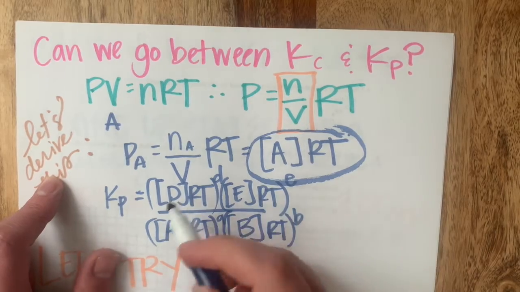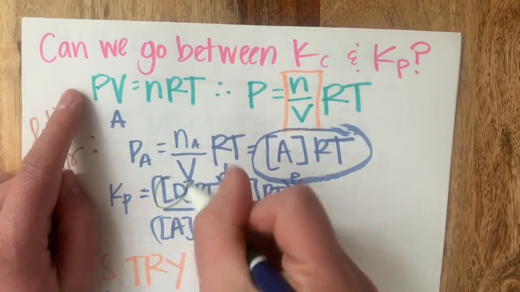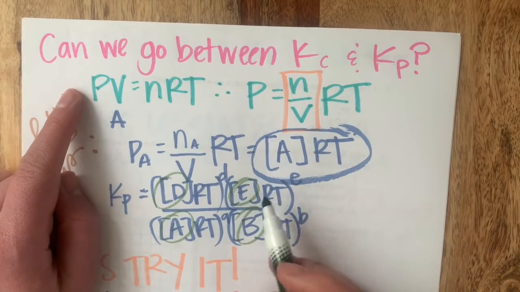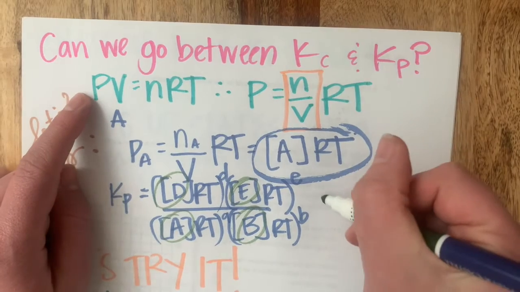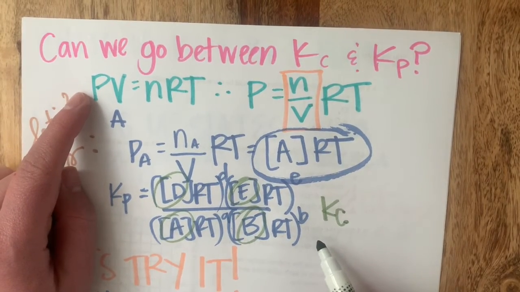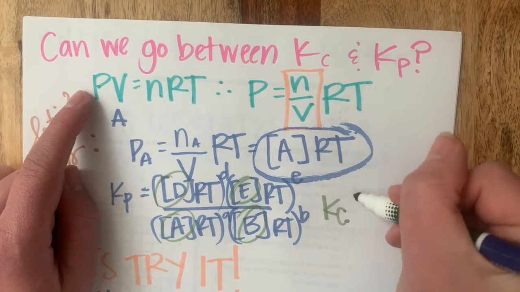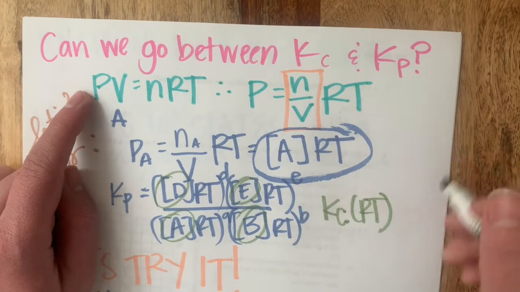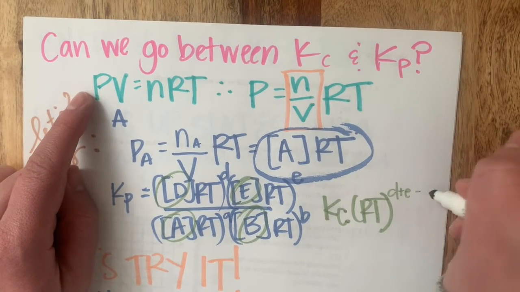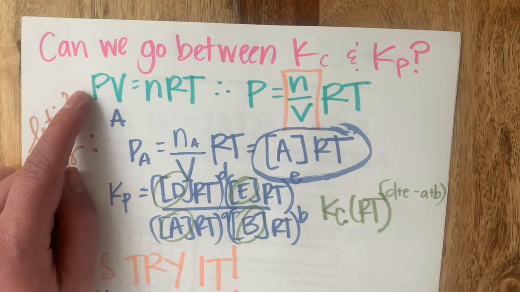So let's just pull some of this out. Let me change my color to green. So if we pull this, and this out, right, with their coefficients, we get Kc, okay? And then we have RT here. So we're going to have RT, and then this is all going to be raised to the power of (D plus E) minus (A plus B), just because of the relationship here.